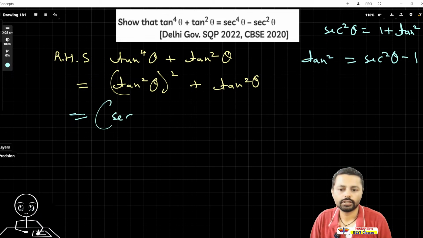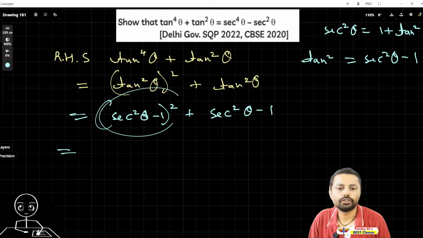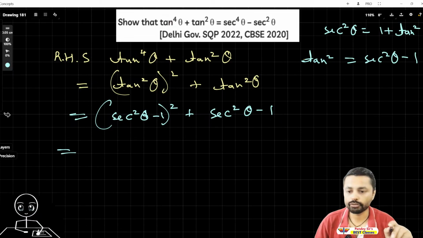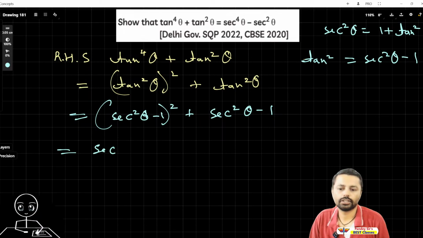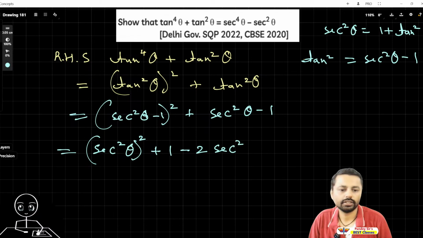So sec square theta minus 1 whole square plus sec square theta minus 1. Which formula here now? A minus B whole square formula. So sec square theta whole square, plus B square, so plus 1, minus 2AB, so minus 2 sec square theta.